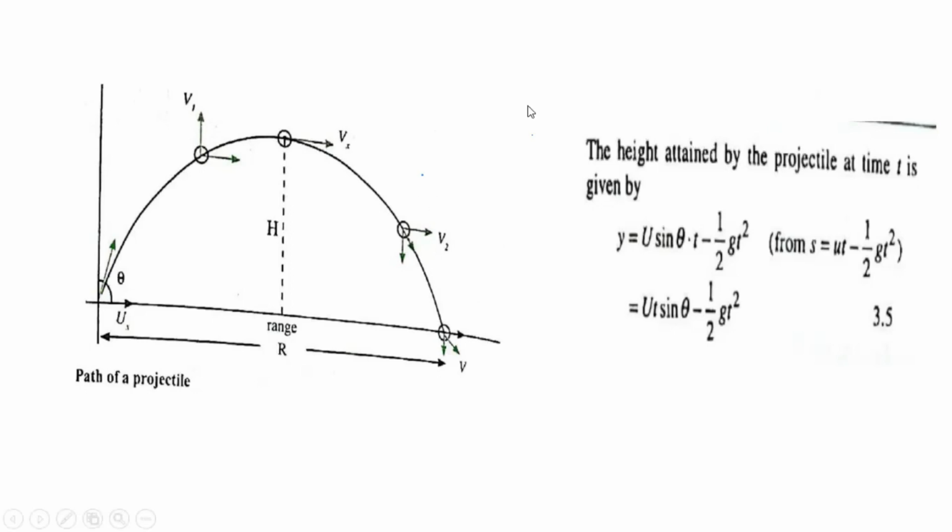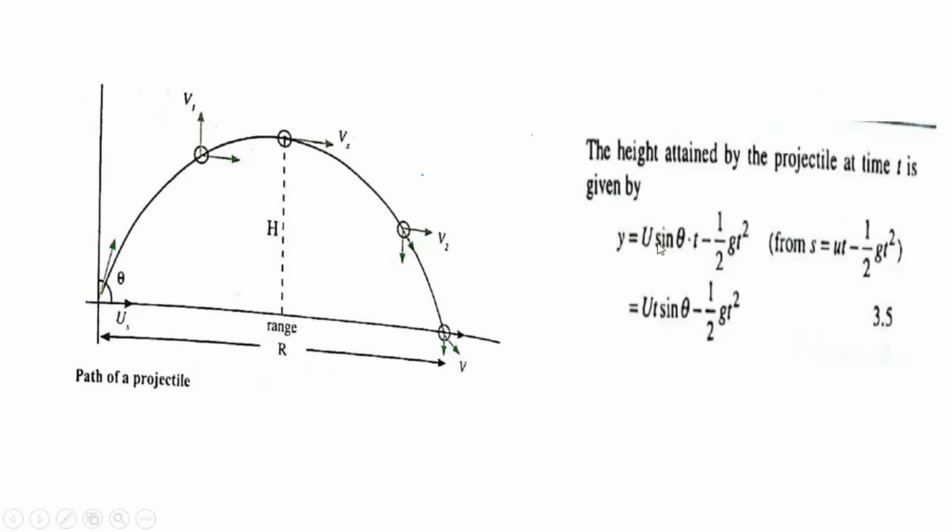So in this particular case, y is the height. y is equal to ut, either plus or minus half gt squared.